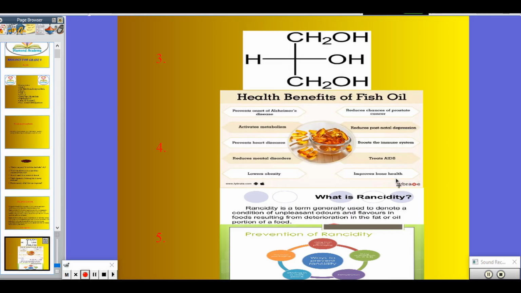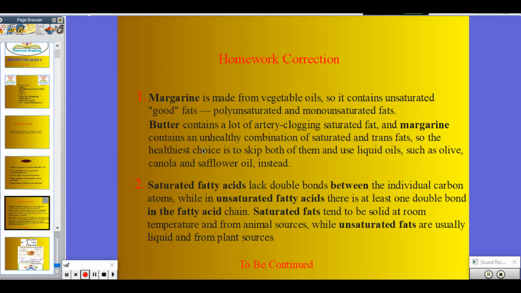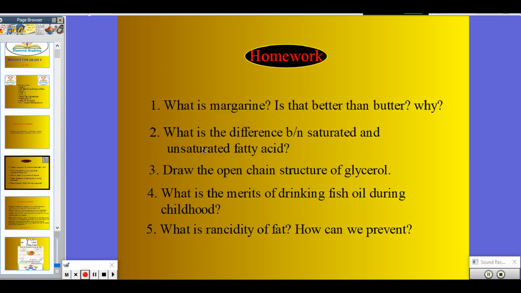Fish oil drunk at infant or child stages improves bone health for proper formation of teeth, it treats AIDS, it boosts or maintains the immune system, it reduces postnatal depression, it also reduces the chance of prostate cancer, and also it prevents the onset of Alzheimer's disease. So these are the health benefits of fish oil, which is taken in childhood.